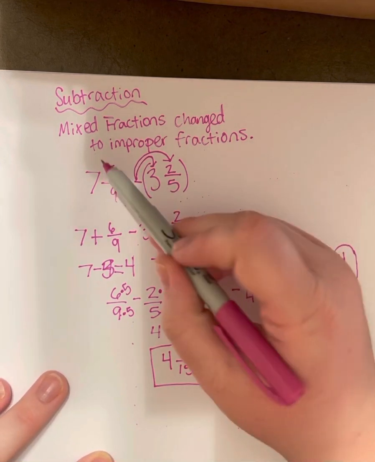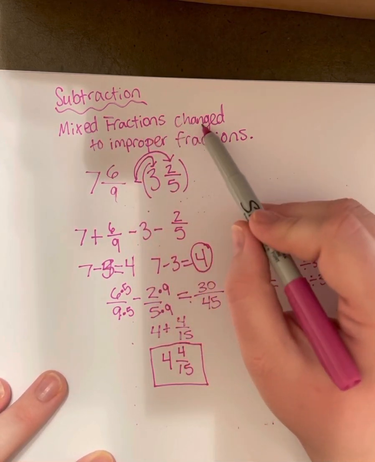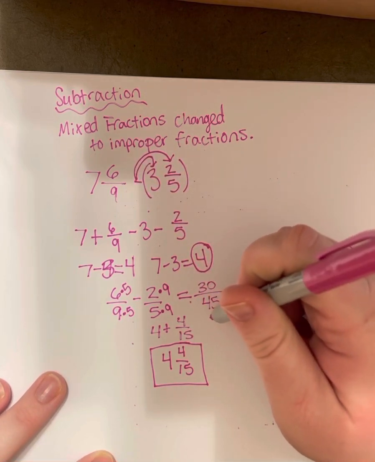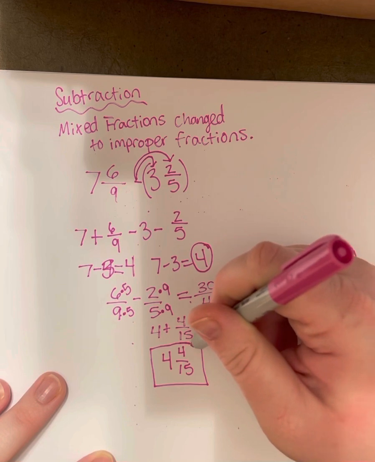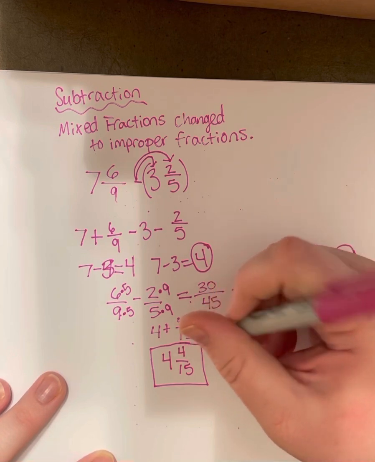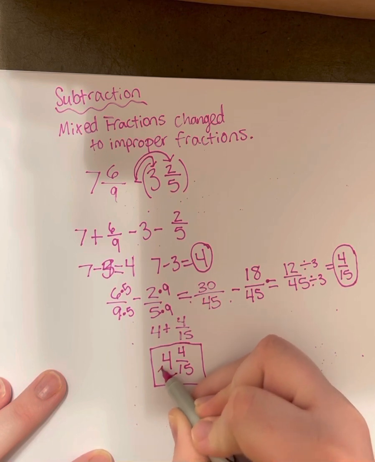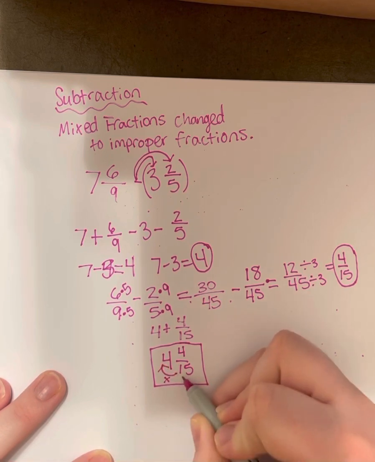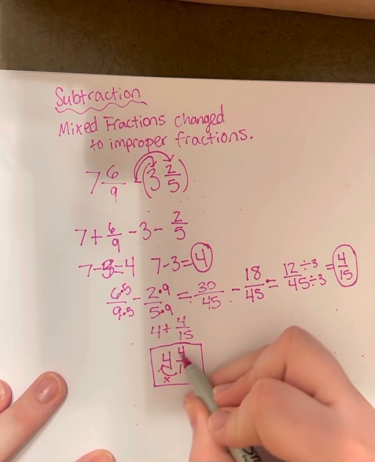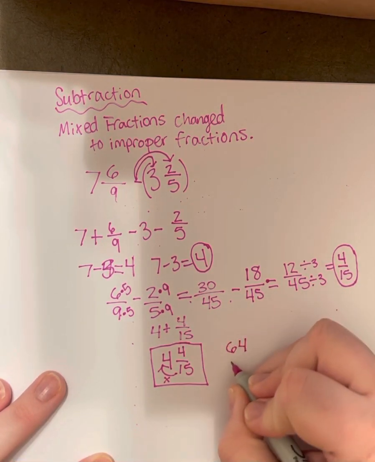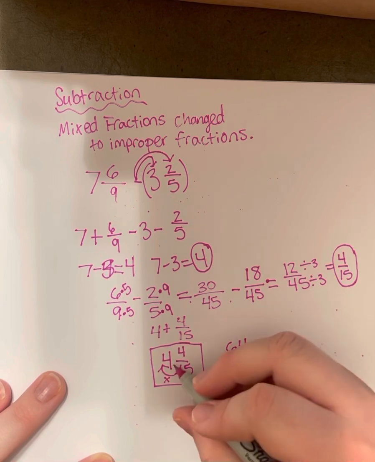Now, we are doing mixed fractions changed to improper fractions. So again, this is a mixed number, so we need to make it an improper fraction. To do so, we do 15 times 4, which is 60, plus 4, which is 64, over the 15.